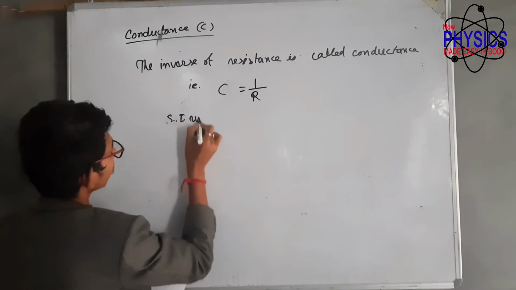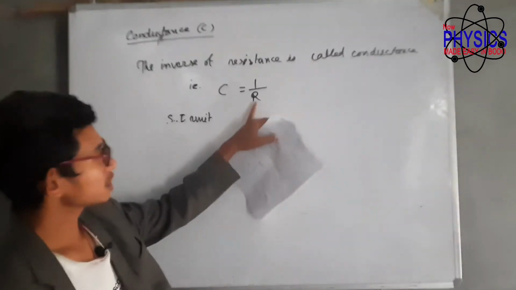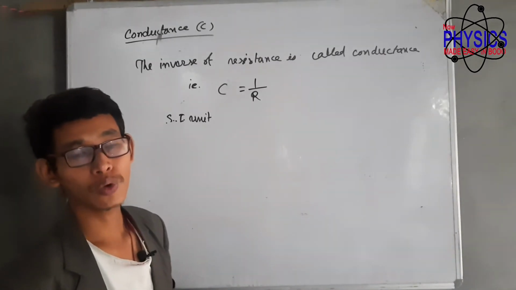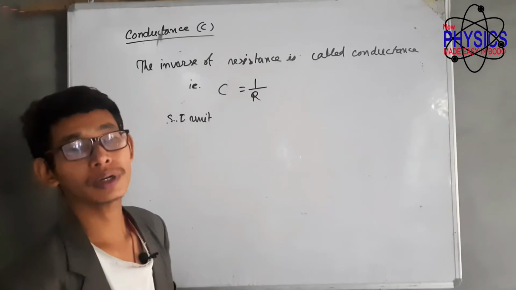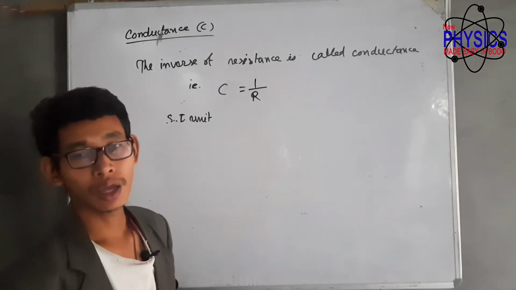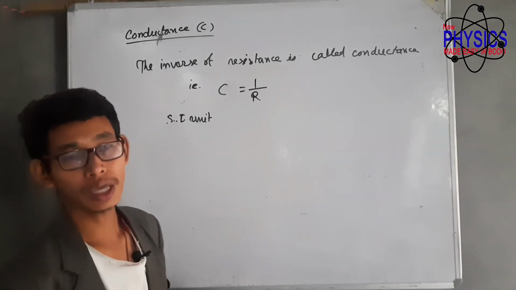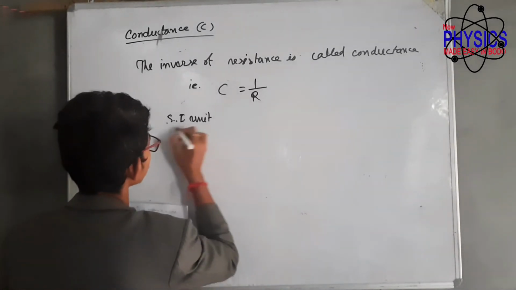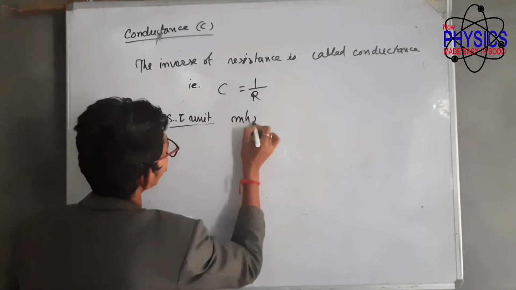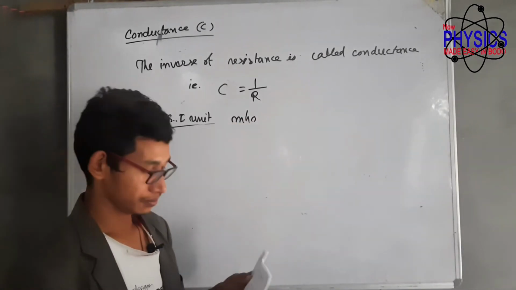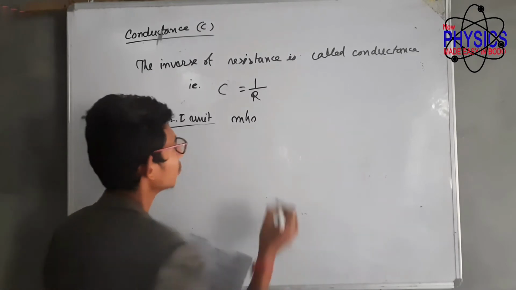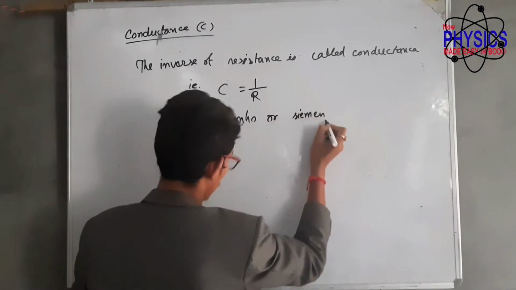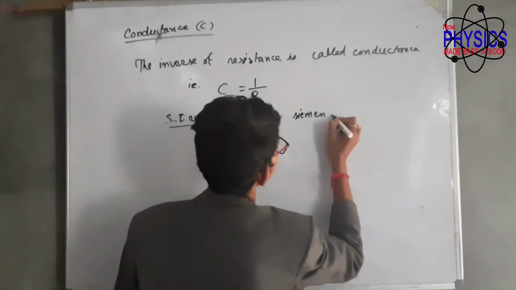The SI unit is inverse ohm, sometimes represented as mho, M-H-O, the opposite of ohm, O-H-M, or sometimes Siemens.